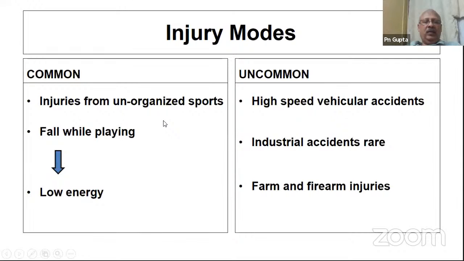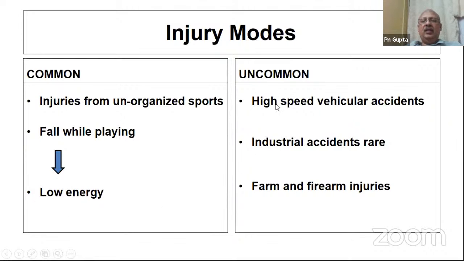So let's see what the mode of injury is. The common modes of injury in children are basically injuries from unorganized sports. That means falls while playing, falls while jumping, or falls while cycling, and they are basically low energy injuries.